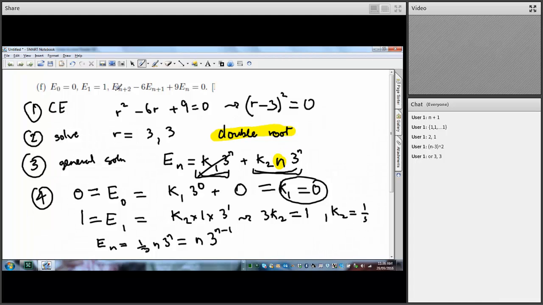So putting it all together, e_n is 1/3 n 3^n, or putting it in a slightly different format, n 3^(n-1). So that's our general solution.